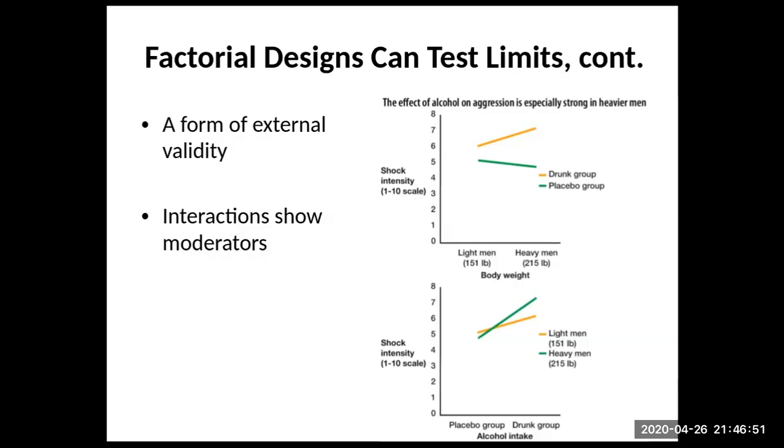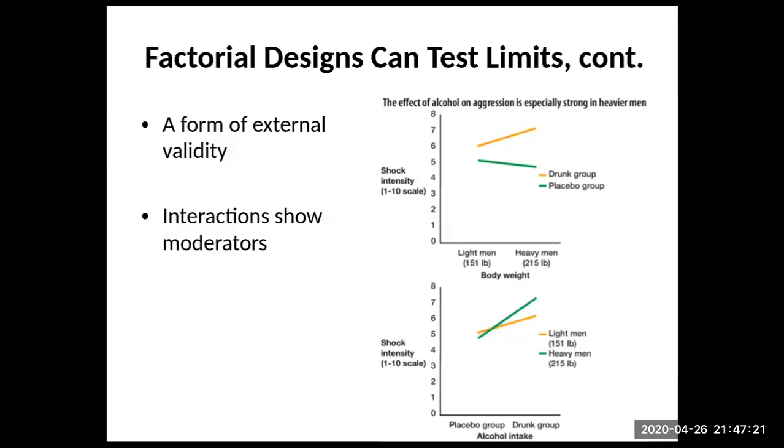Hopefully that makes sense. So here, if you look on the right, we can see the effect of alcohol on aggression, and we have drunk group and placebo group, like the original study a few slides ago, in shock intensity. And then we've added a second variable. So on the x-axis, we have lighter men, on average of about 150 pounds, and heavier men, with an average of about 215 pounds in that group.